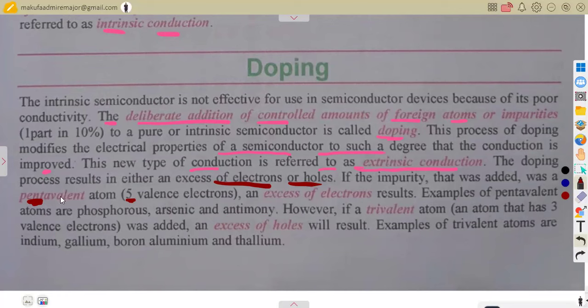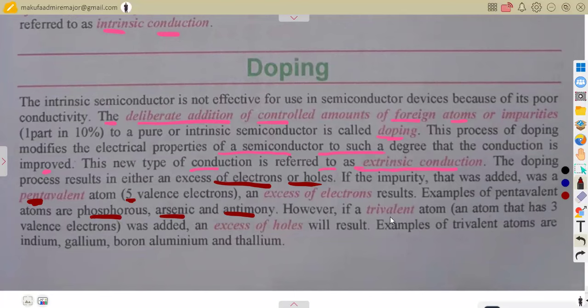Examples of pentavalent atoms are phosphorus, arsenic and antimony. These are the ones that have 5 valence electrons. So there will be an excess of electrons at the end.